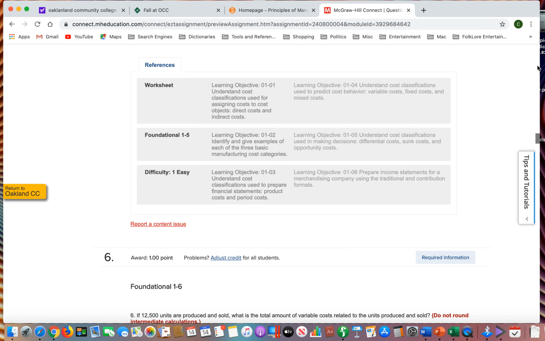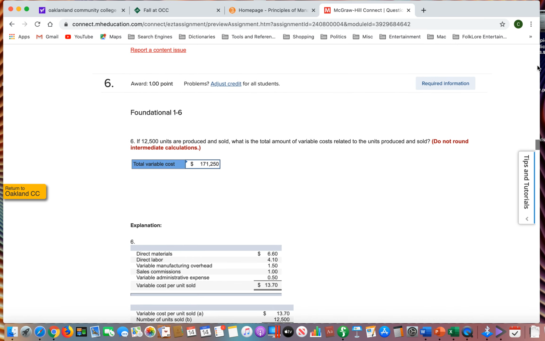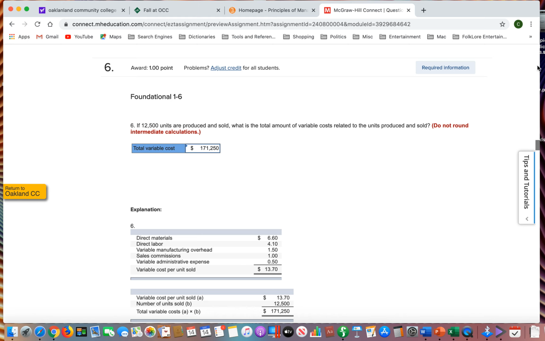Okay, let's go to number 6. If 12,500 units are produced and sold, what is the total amount of variable cost related to the units produced and sold? What do you think it is? Just look at that. And how do we get that? Same problem as before. Same as number 5.